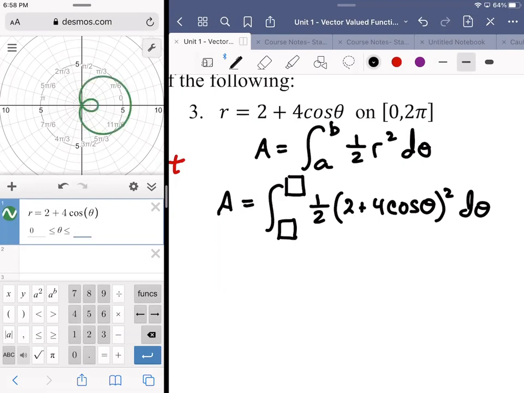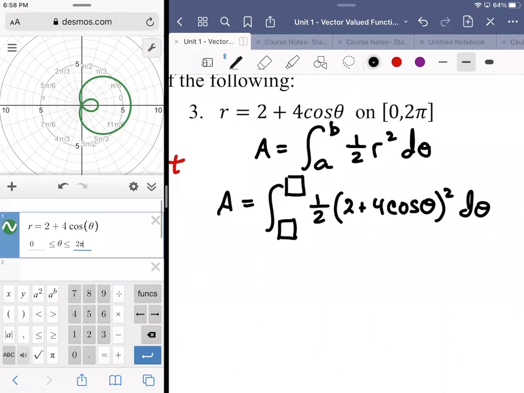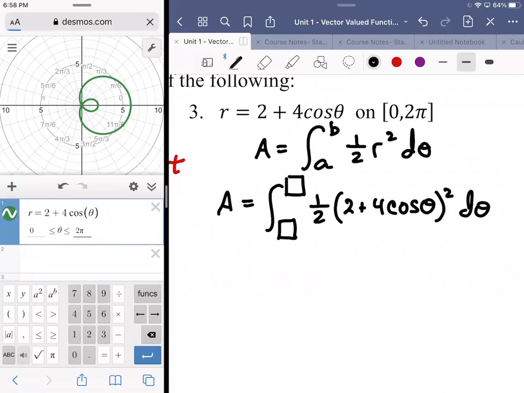That's so strange. All right, well, I'll just leave the 2 pi here, and then I'll dial it back a little bit. I don't know why that's not working. Let me just try something real quick.